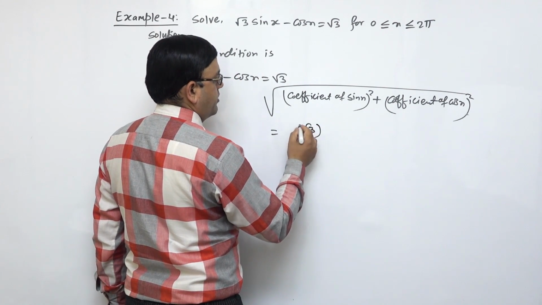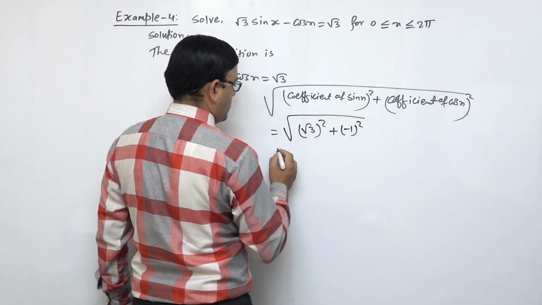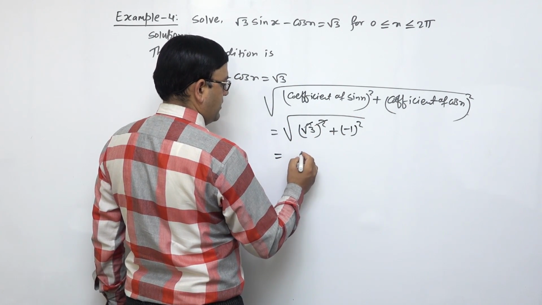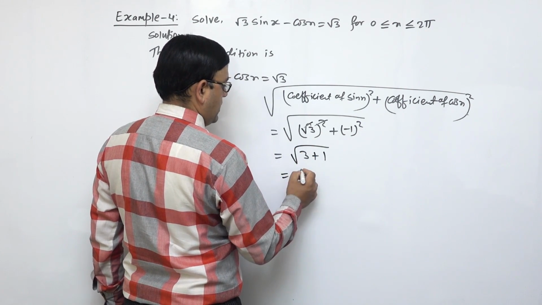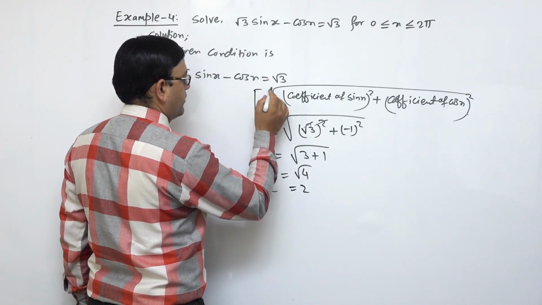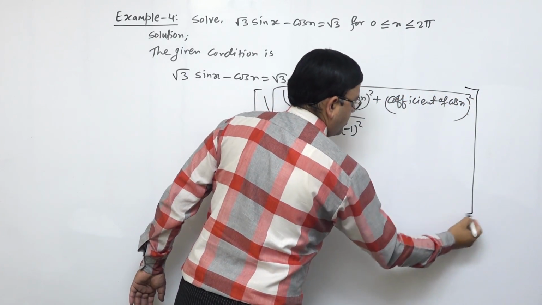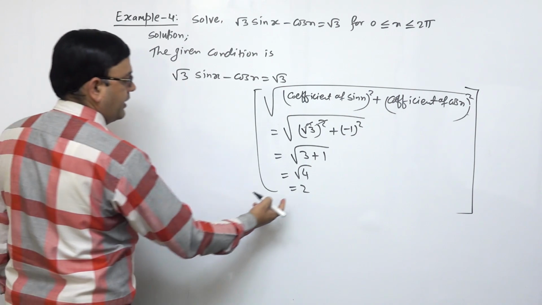So root under (root 3 whole square plus minus 1 whole square), which is root under 3 plus 1, that is root 4, which is 2. So we can put it in one bracket by dividing both sides by 2.